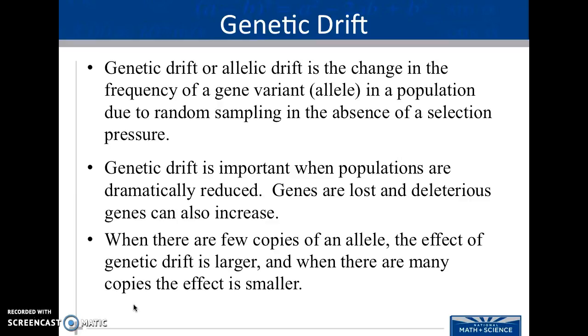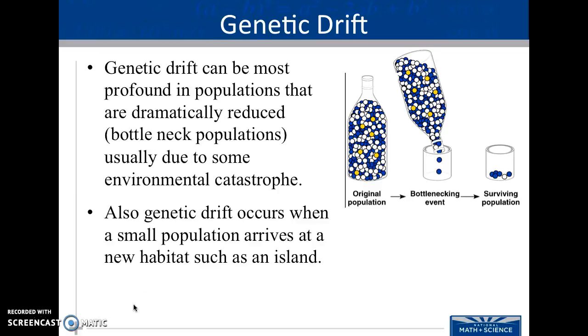And so we see that genetic drift is like the loss of a large chunk of genes or the addition of a large chunk of new genes. Genetic drift is really profound in populations that are very small, obviously, because it impacts the percentage of the alleles more dramatically.